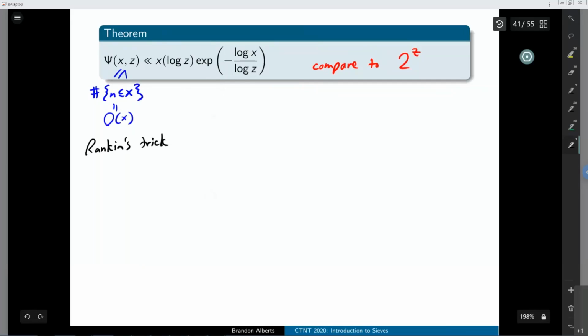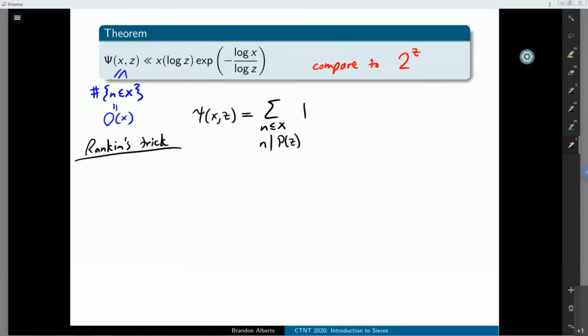Okay. Here's where we use Rankin's trick. This psi function is the sum over n less than or equal to x, such that n divides this capital P function, so these are z-smooth numbers.